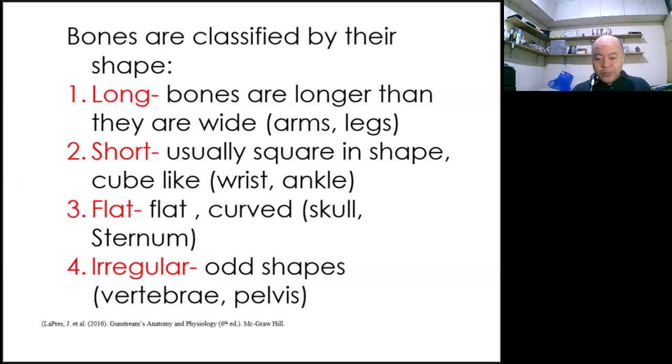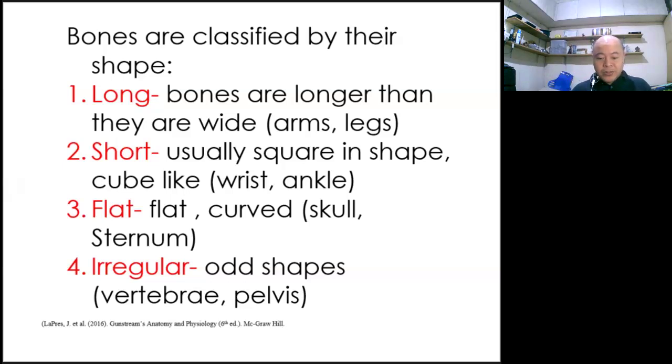Again, with the flat bones, they're actually not round, but they're mostly curved and found in places around delicate body organs that need to be protected. So, for example, you have the sternum that protects the heart area, and we have the parietal bone, which protects the brain.